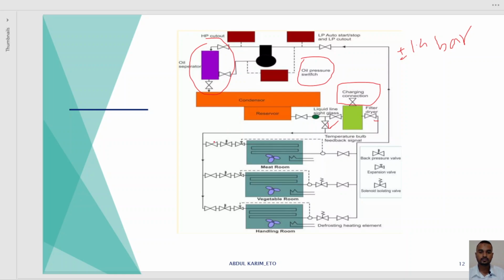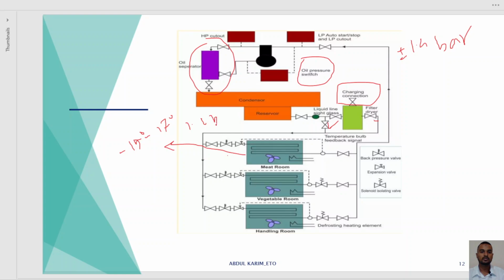And in the ship, there are three compartments of the refrigeration plant. The first one is the meat room, then the vegetables room, and the fish room. Meat room temperature shall be kept at minus 15 degrees to minus 17 degrees Celsius, and the pressure will be almost 1.6 bar.